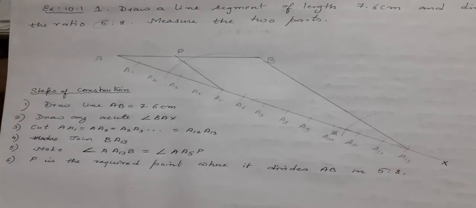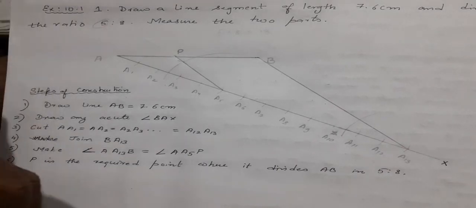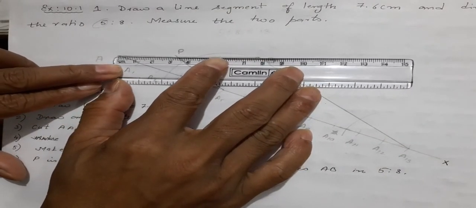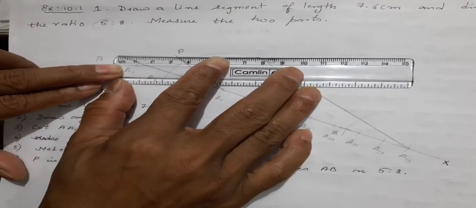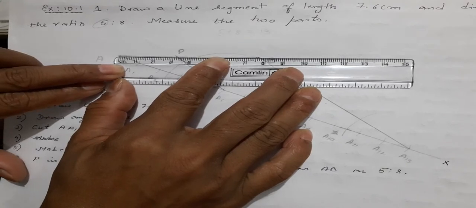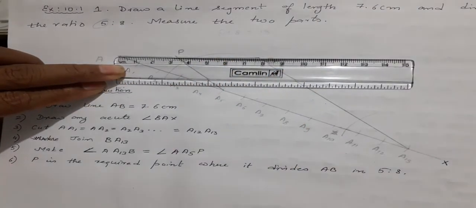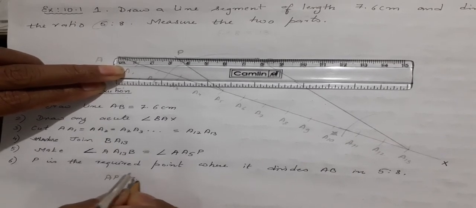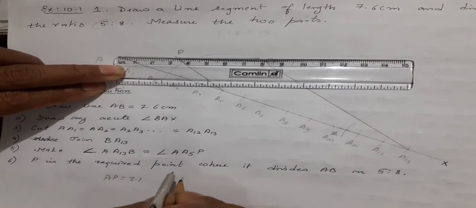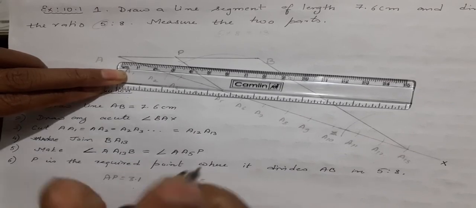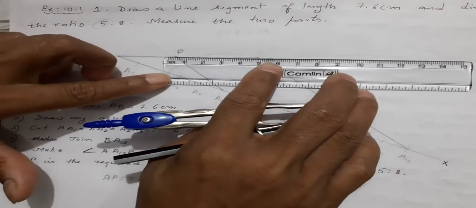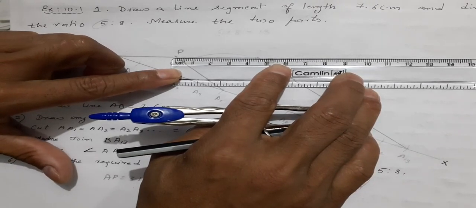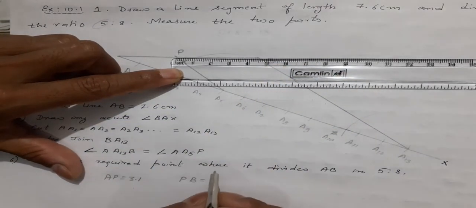Now let me see how big is this line. We have already done this. This is 3.2 or 1, I guess, something like this. AP equal to 3.1, let me write, and PB, the remaining part. Measure the two parts, the second part of the question. This is probably 4.5.